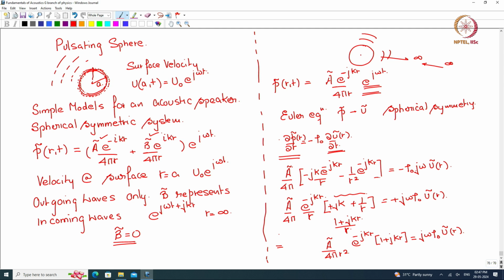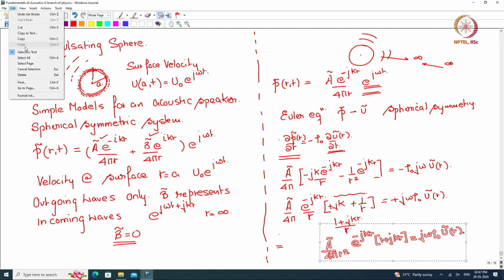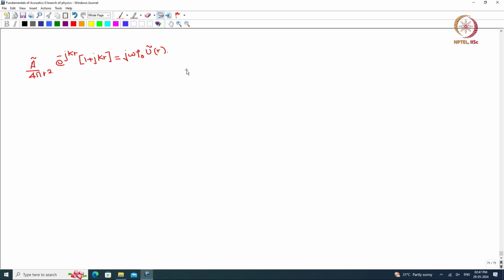Okay. So, let me carry this to the next page. So, now the main idea is I want to figure out A tilde. Okay. So, how do you figure that out? The condition at r equal to a is that my u tilde of r is this value u0.